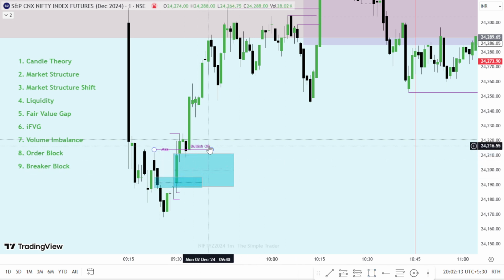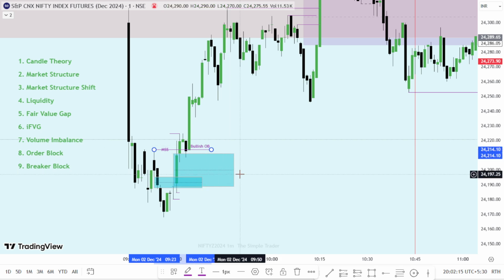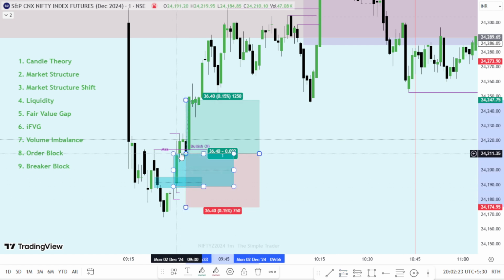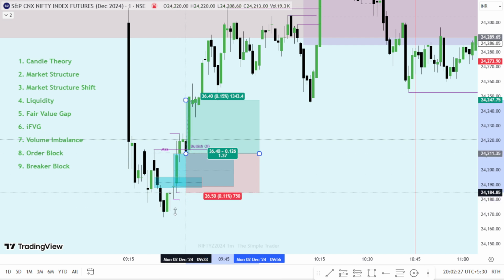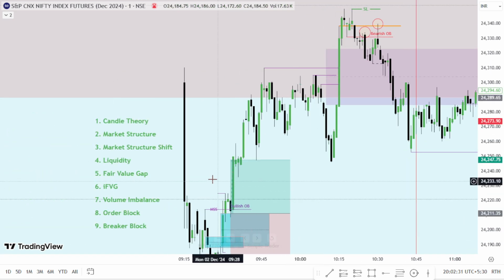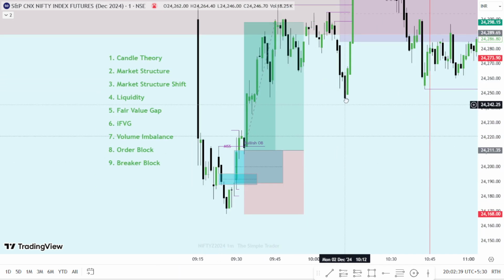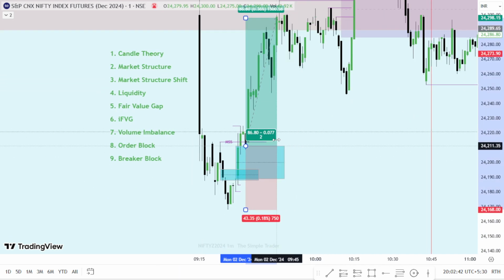Also, we have this bullish order block. These are confluences adding together. Then if I take a trade here in my fair value gap, also remember we have this volume imbalance here, and I place my stop loss at this low. So I can easily target a 1 to 2. So this is a 1 to 2, correct?